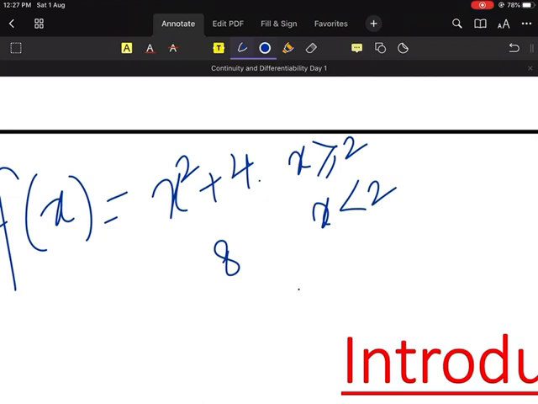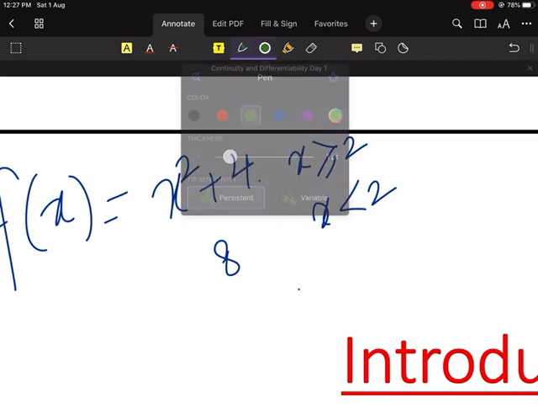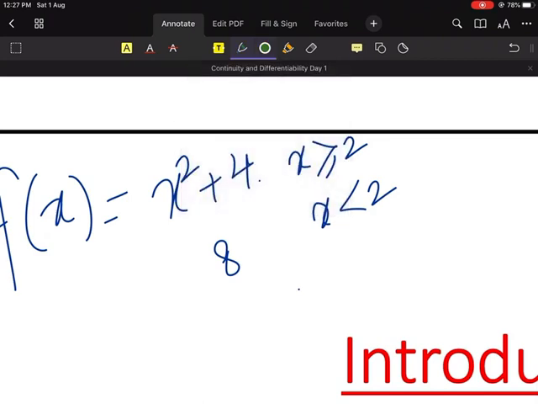Check whether the limit exists or not. Do it fast. Tell me whether the limit exists at the point 2 or not.